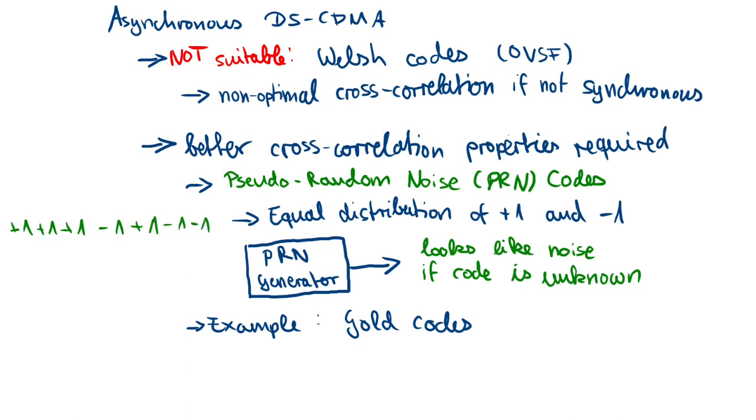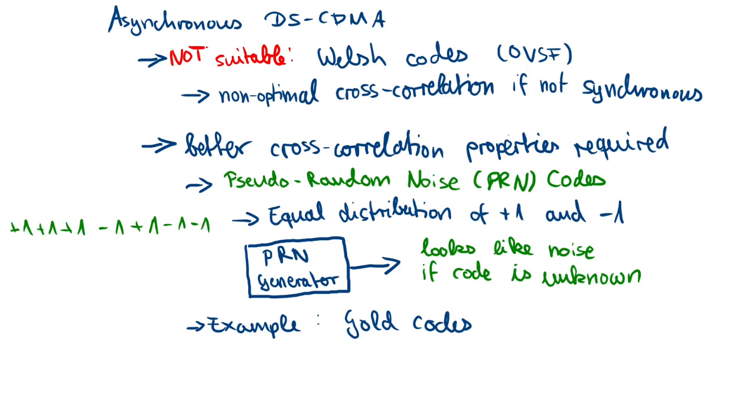So you need now to balance the minus ones. They look like random, so this looks like a random sequence, but it is not random. So the code is, of course, known. It is generated by a mathematical function, and therefore it is called pseudo-random. If you don't know the parameters of the PRN generator, then it is a random code.